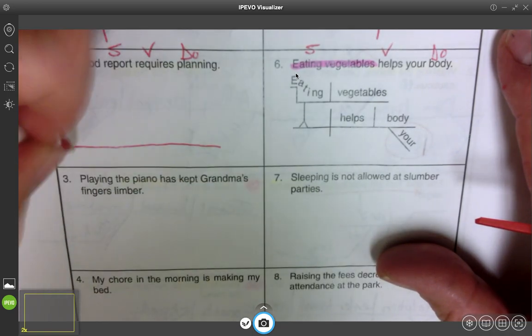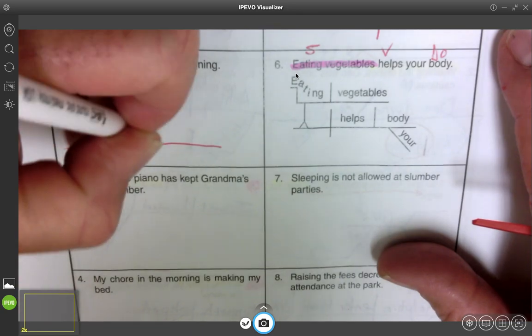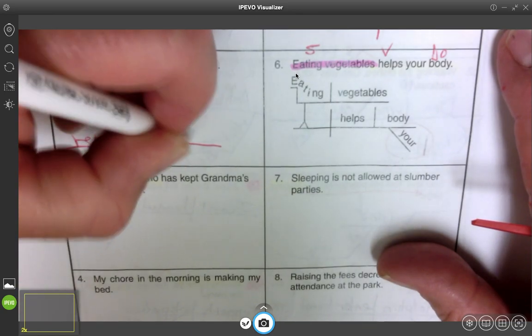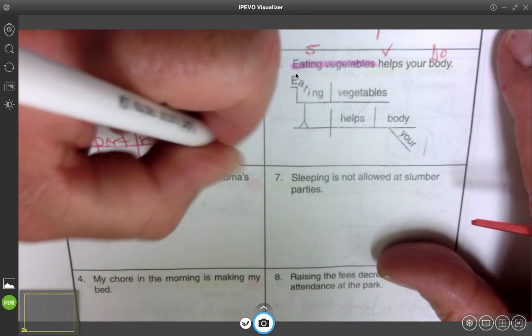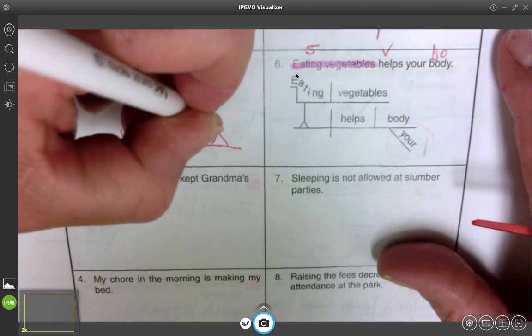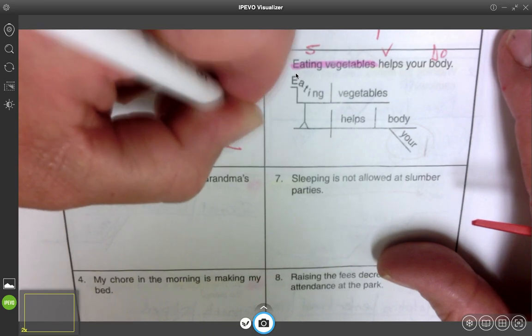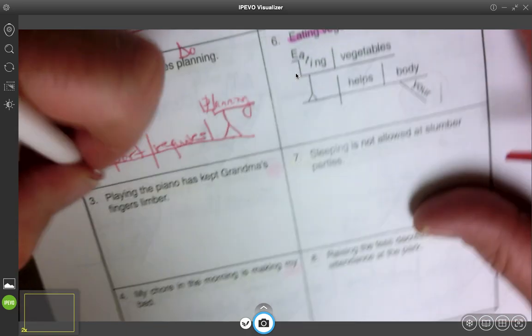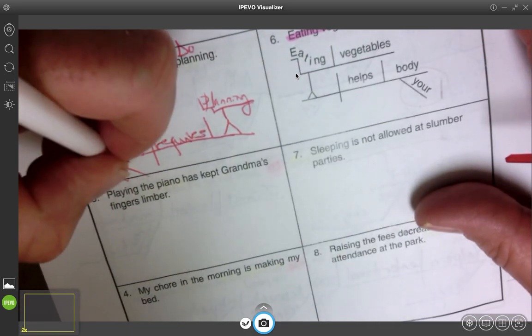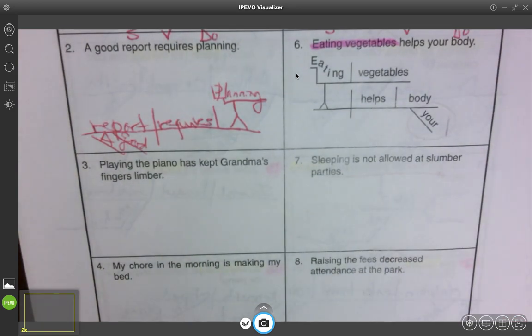My sentence line, report requires direct object planning. A good report requires planning.